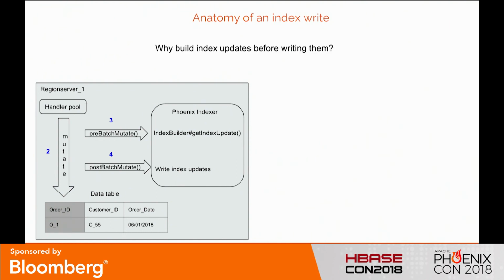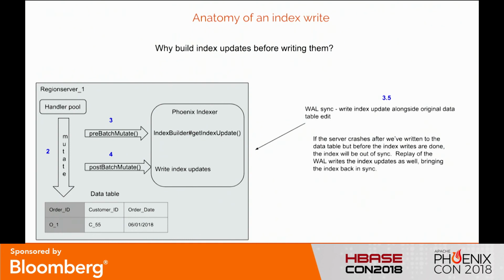So question, why do we build the index updates before writing them? Why have separate steps 3 and 4 here? Why not just do it together? Well, the reason is because there's actually a step 3.5 in between, where in HBase we're doing the WAL sync. So we're in the write-ahead log, we're writing the index update alongside the data table update.